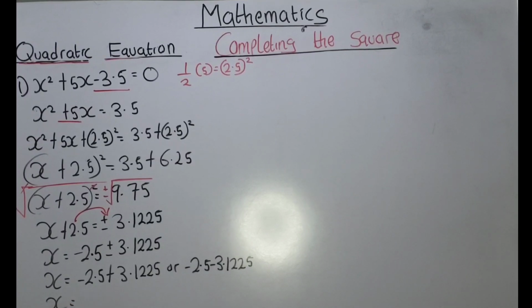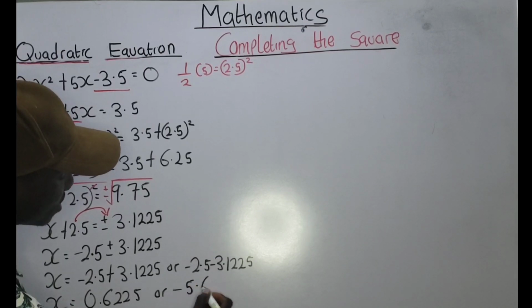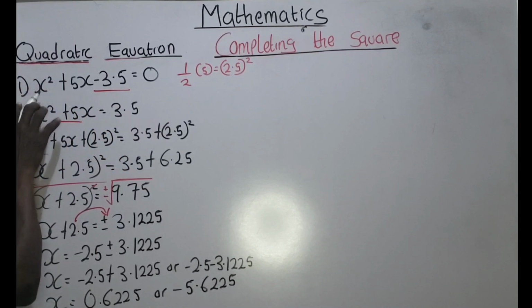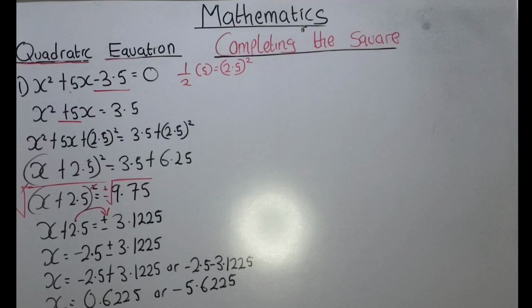So x will be equal to negative 2.5 plus 3.1225, that is 0.6225, or negative 2.5 minus 3.1225, that is negative 5.6225. So the value of x that makes the quadratic equation x squared plus 5x minus 3.5 equals 0 is 0.6225 or negative 5.6225.